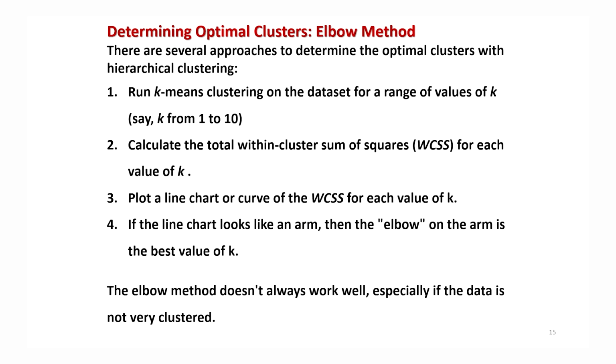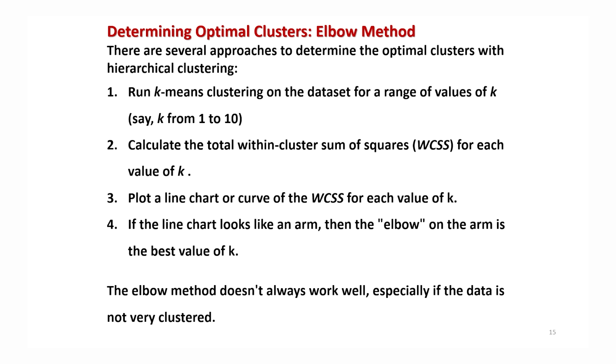Now, in order to know how many clusters there should be, because we are talking about variability, we want clusters that are more similar inside. So we can create different types of clusters, compute their variability, and based on that find the optimal number of clusters where the variability is relatively lower.